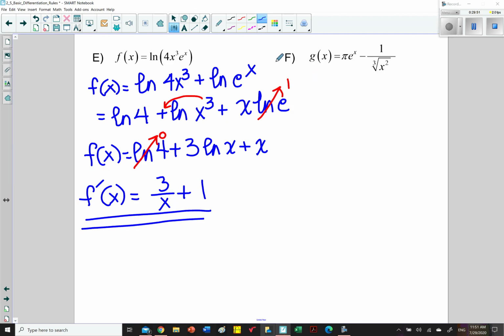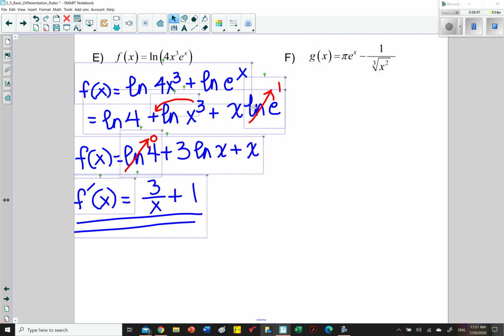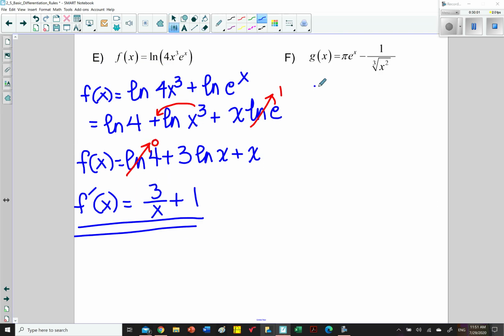And then letter F, our last one, we have g of x is pi e to the x, and rewriting this, it's going to be x to the negative 2/3.